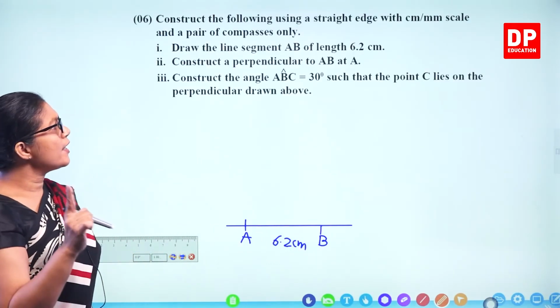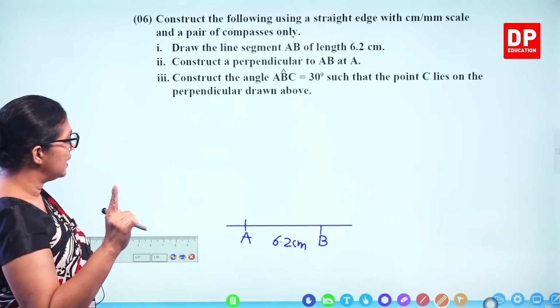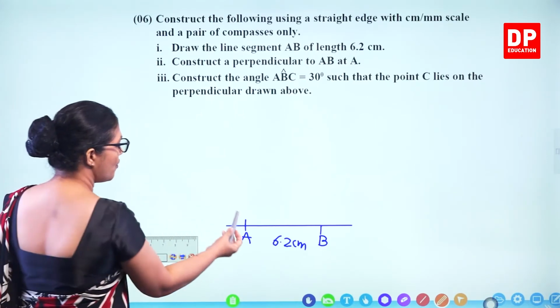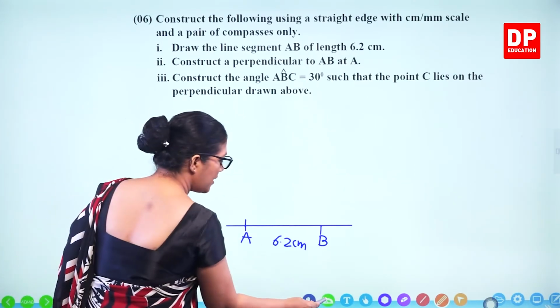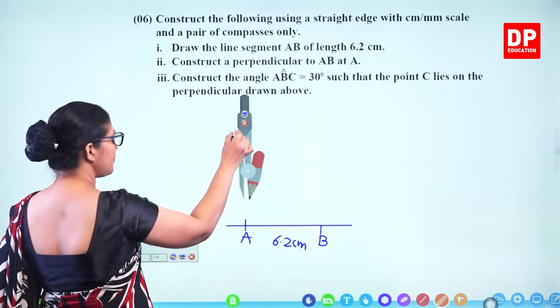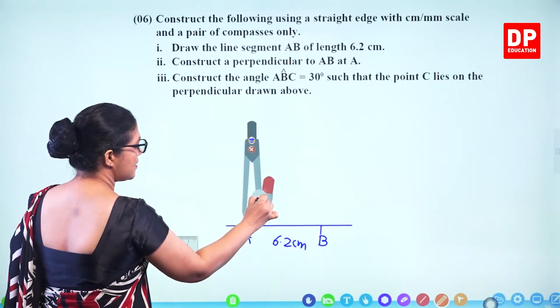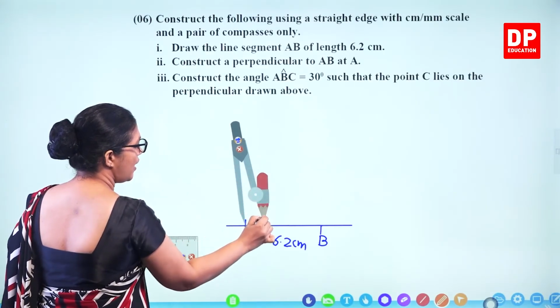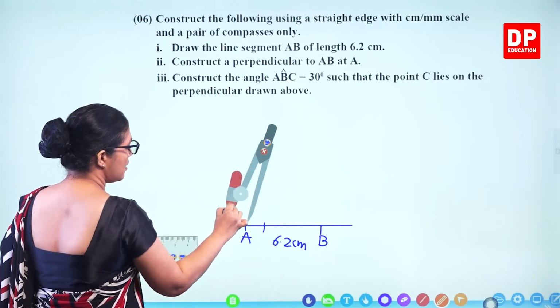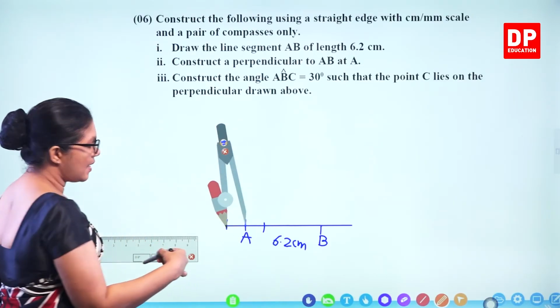Construct a perpendicular to AB at A. So we have to draw a perpendicular line. So what you do? You take the compass and take certain distance, and you can draw the 2 arcs onto this side and this side.